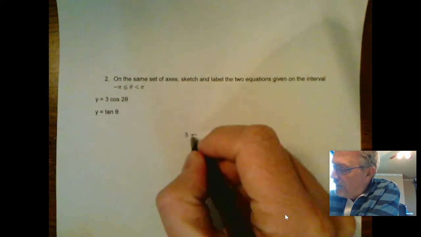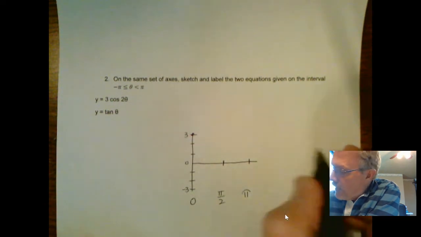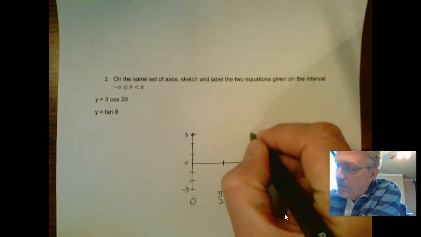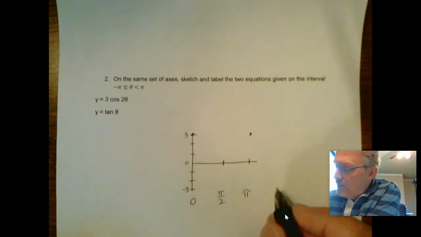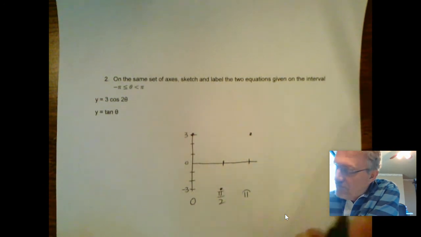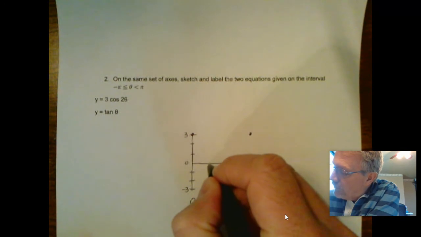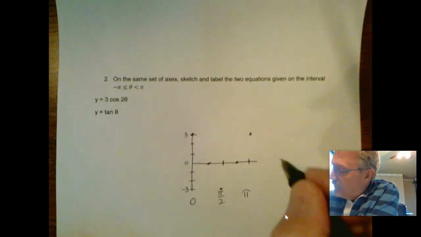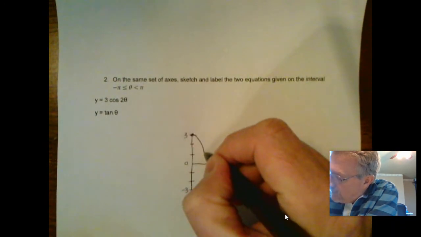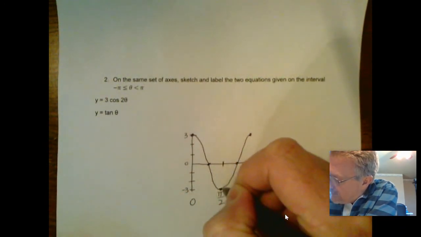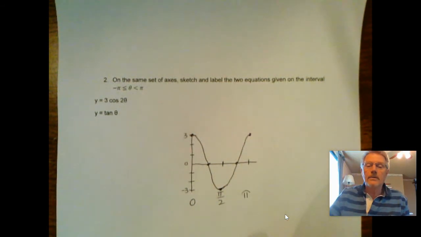So 3 for cosine, the amplitude, and I'm going to end at the amplitude. Halfway in between, I'm at the negation of that amplitude, quarter of the way through, 3/4 of the way through, I'm at 0. So I'm just going to connect those dots like I have been, and that's the graph between 0 and pi.